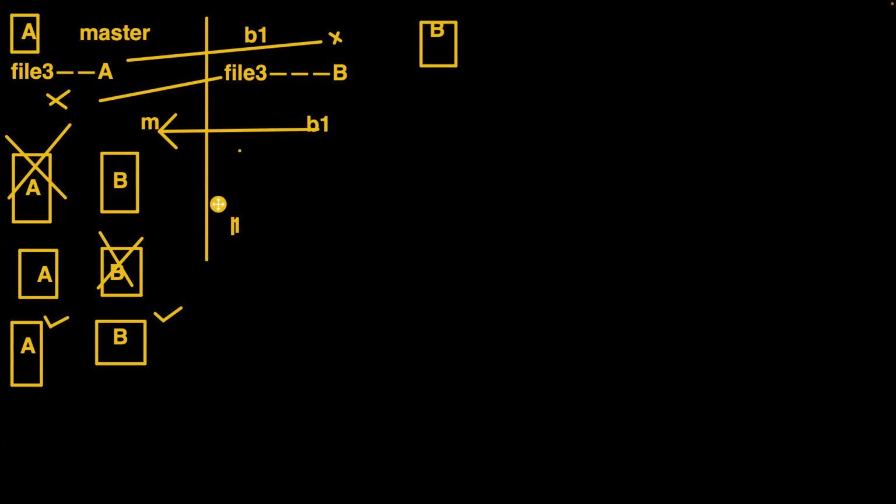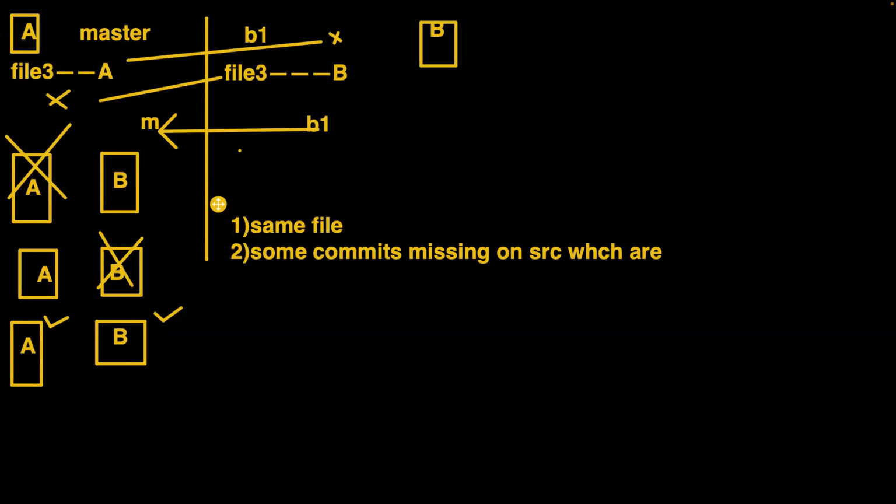The reason for conflict is, first reason, same file. This is correct to certain extent, but same file along with some commits missing on source, which are on destination. This is the reason. Means, let's imagine if commit A was here.